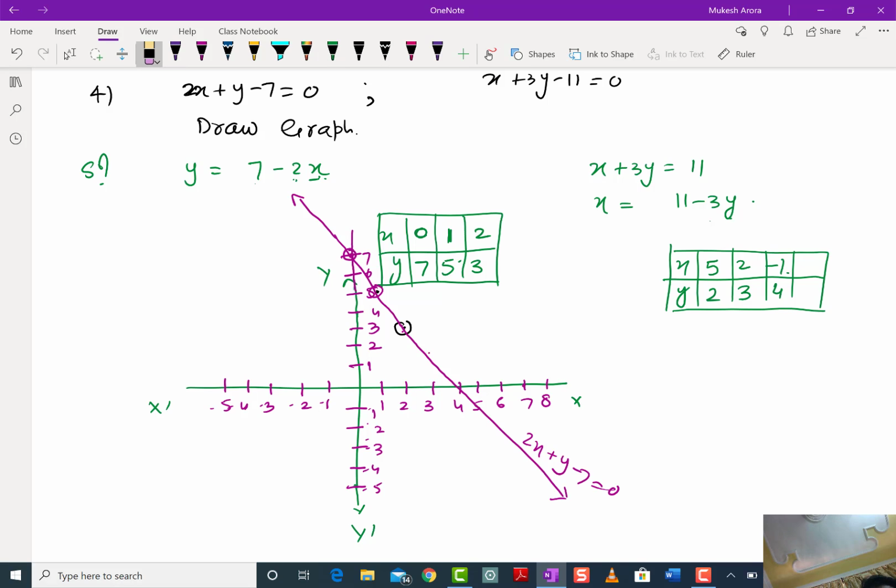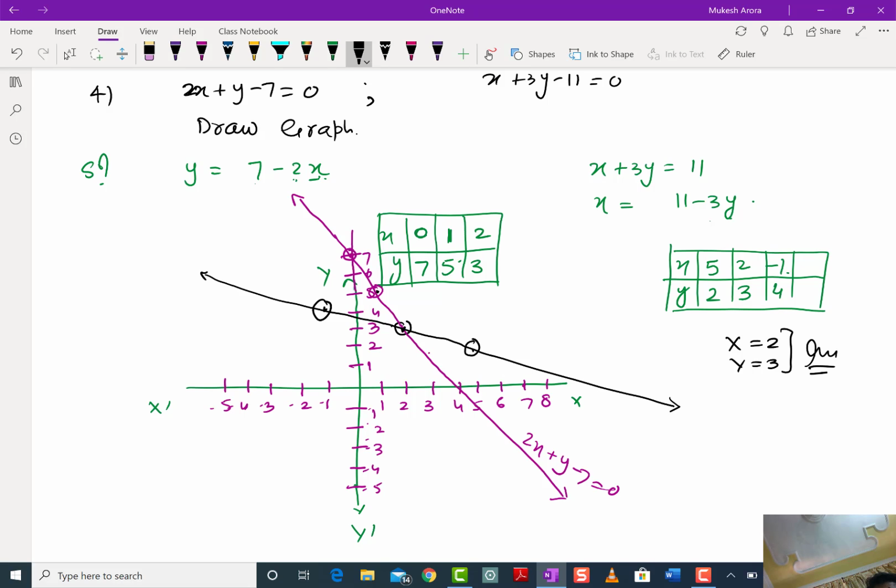Then x2, y3, the same point, and x minus 1 and y 4. So we'll draw the line. So they are intersecting now, where x is equal to 2 and y is equal to 3.